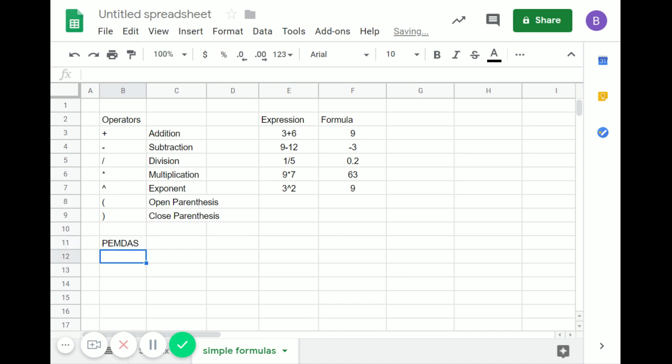Order of operation, most of you perhaps have already learned and have been given a mnemonic in math: PEMDAS. And you've been told that the P stands for parentheses, the E stands for exponents, the M stands for multiplication, the D stands for division, the A stands for addition, and the S stands for subtraction. I've got those just slightly flipped there. Okay, that is the order in which Google Sheets also operates.